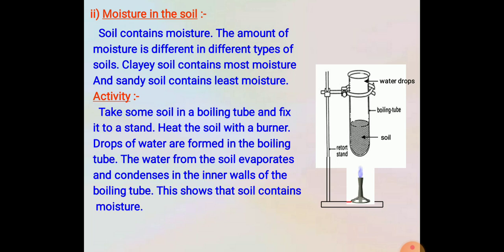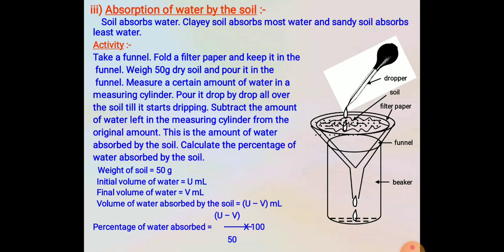Now the third property is the absorption of water by the soil. Soil absorbs water; clay soil absorbs more water and sandy soil absorbs less water. We can also show this by an activity. Take a funnel, fold a filter paper and keep it in the funnel. Now weigh about 50 grams or 25 grams of soil and keep it in the funnel.